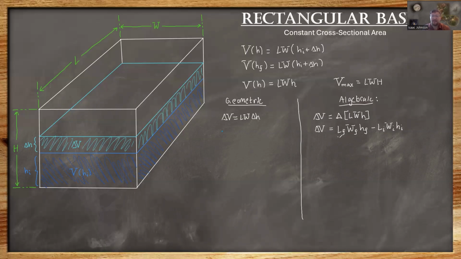In this case, big L and big W are constants, so those aren't going to change. So it's length times width times height final minus length times width times height initial. And at that point, it leads to the same result as the geometry because you can factor out the constants, and you're left with H final minus H initial, which is the definition of delta H.